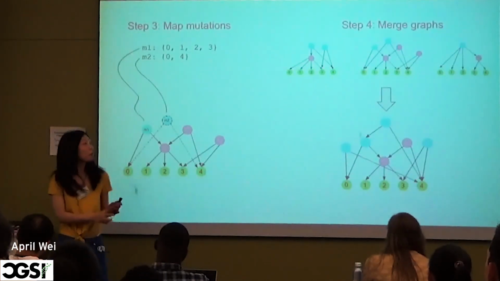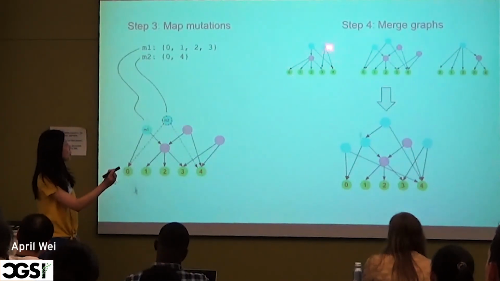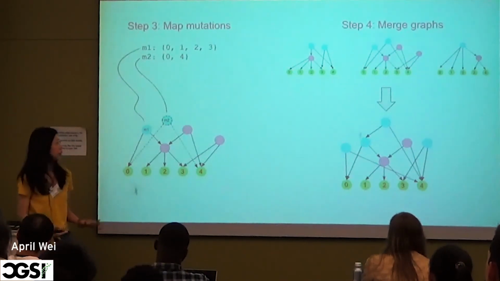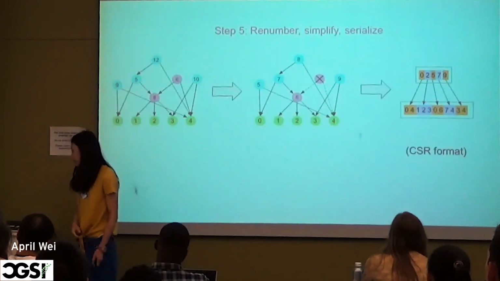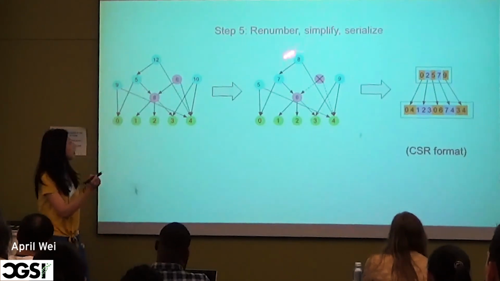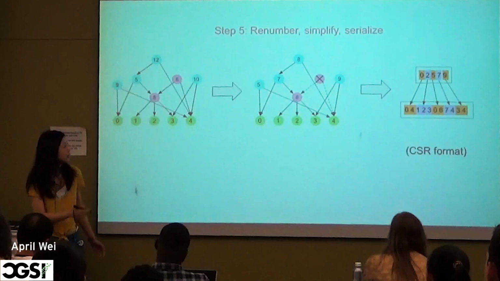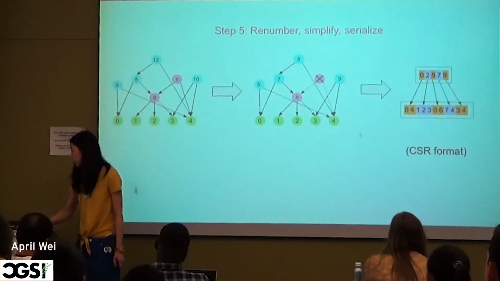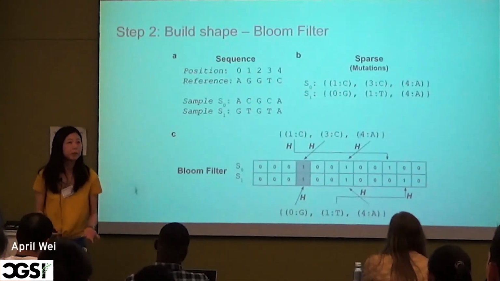And then we map mutations to this graph, and we merge different graphs from different sections of the genome, and then eventually we simplify it, number the nodes based on their topological order, and then serialize it in CSR format. So there are 2 time-consuming steps in this algorithm.